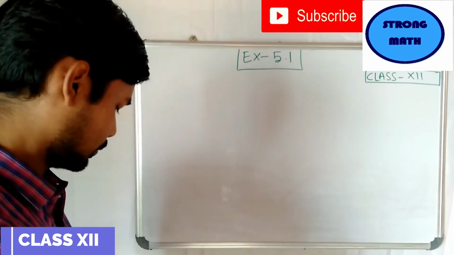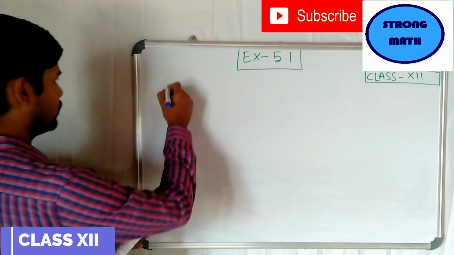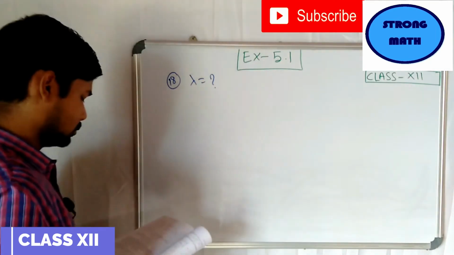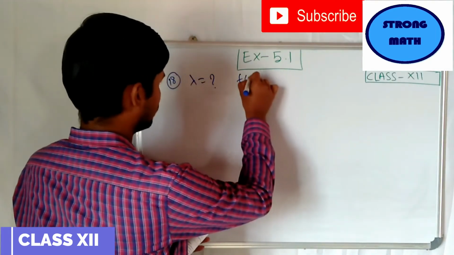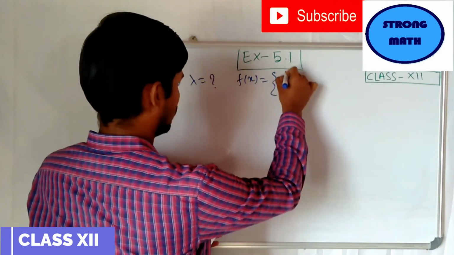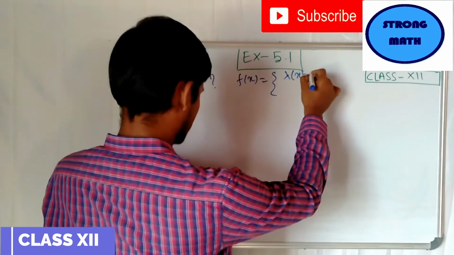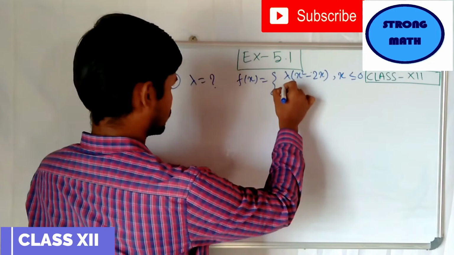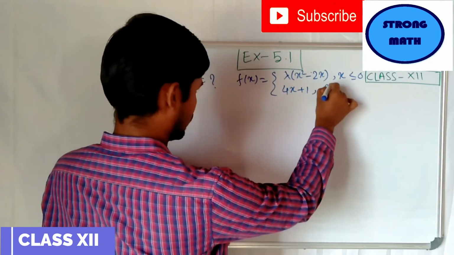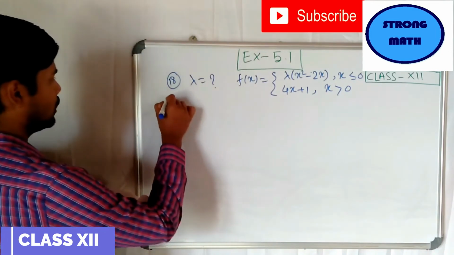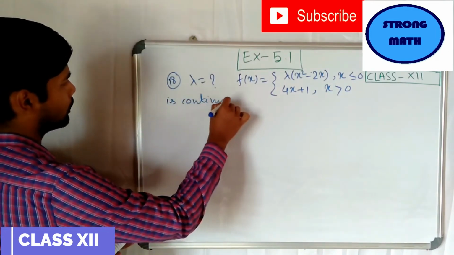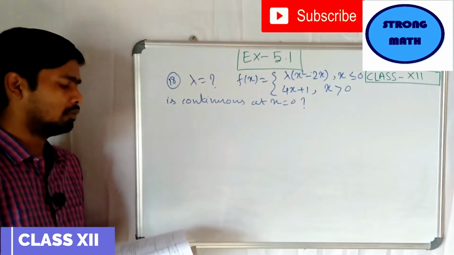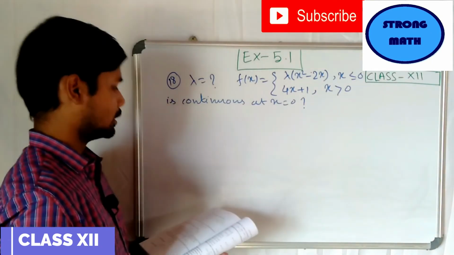So, for what value of lambda, what is the value of lambda, for that the function given by f(x) equals lambda times (x square minus 2x) if x is less than or equal to 0, and 4x plus 1 if x is greater than 0, is continuous at x equals 0?